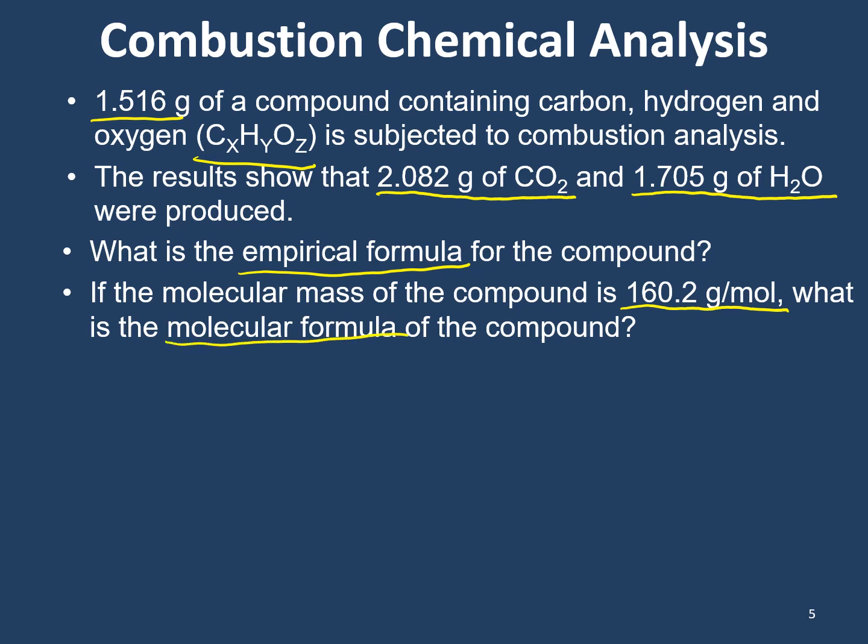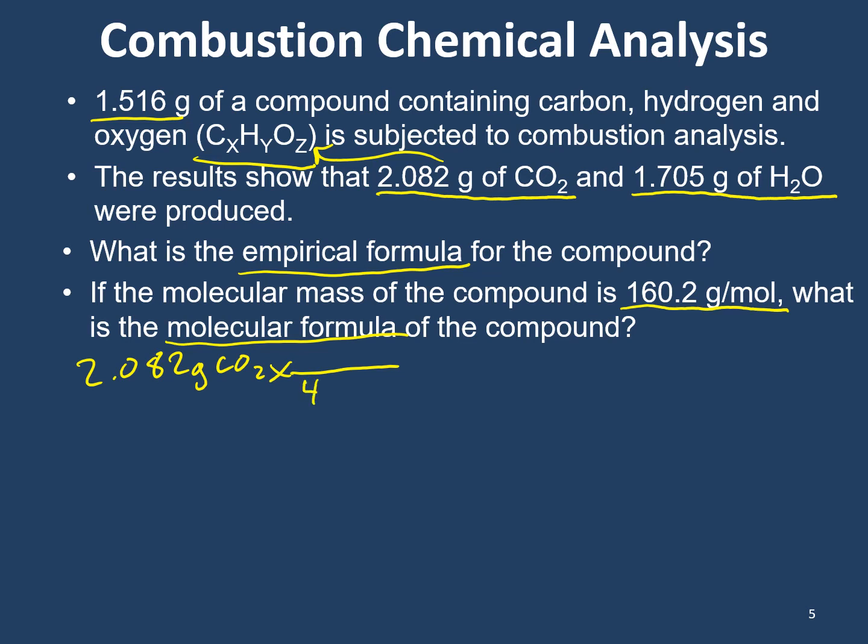So the first thing I need to do is calculate how many moles of carbon were originally present in my unknown compound from the mass of CO2. I know I have 2.082 grams of CO2, and I need to calculate the molar mass of CO2.